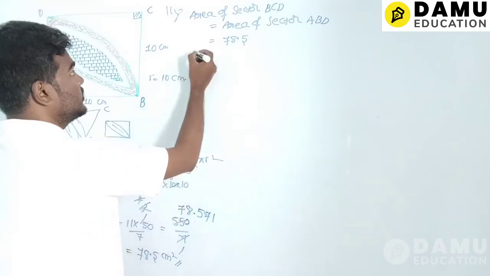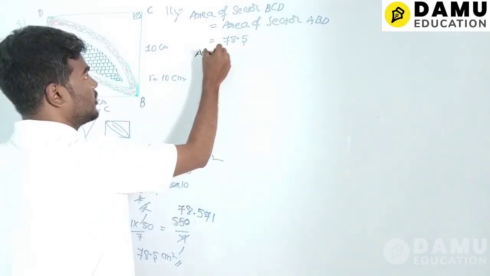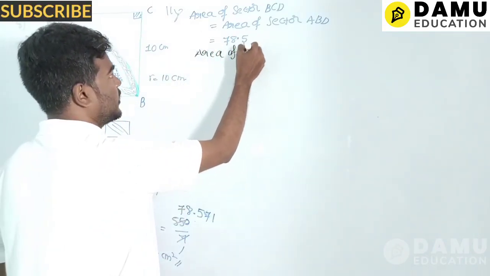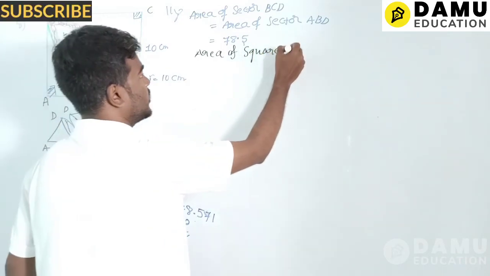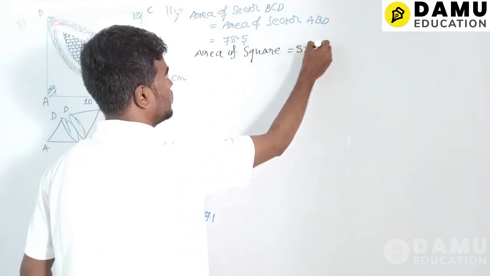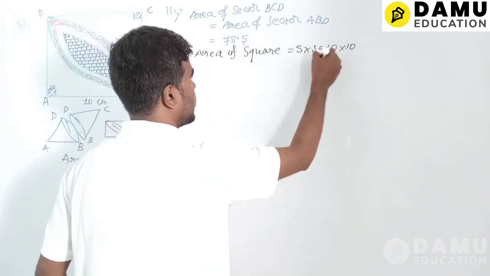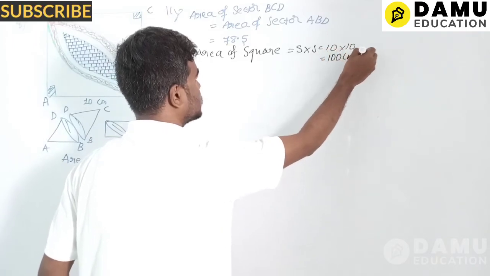The area of the square is side into side, so 10 into 10, 100 centimeter square.